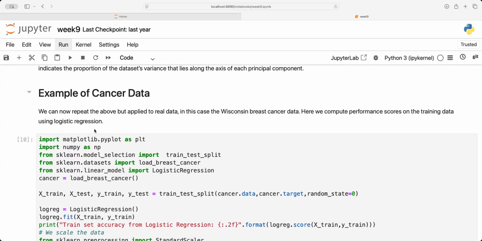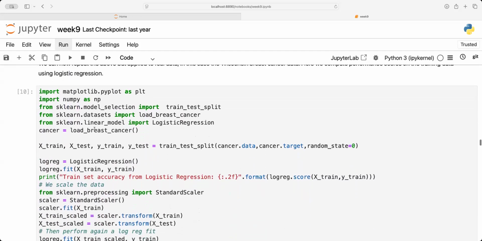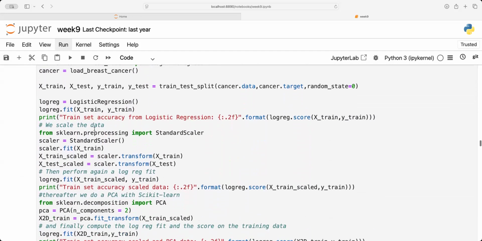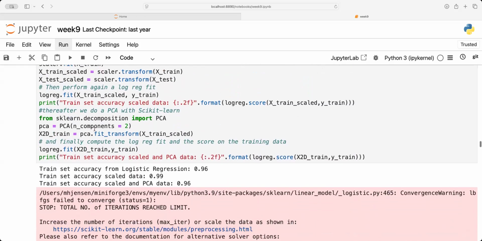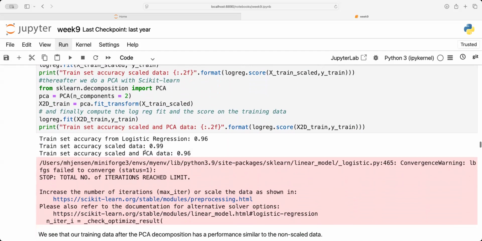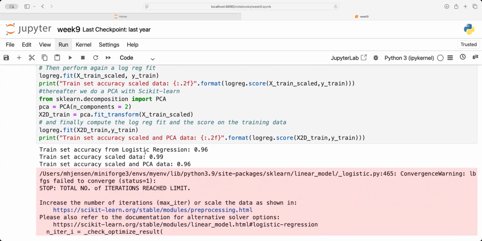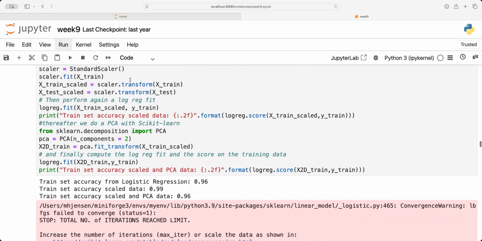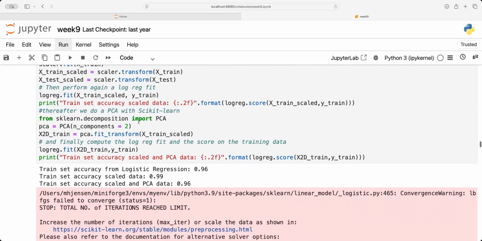The way you would typically do this is, let's say, with the cancer data, this is the famous cancer data, which many of you have met. So I'm training it with logistic regression. I center the data. I can also now do a PCA. Keep in mind that this data set has 30 features, and I keep only 2. Then I make a new fit with only 2 features, those which have the largest eigenvalues.